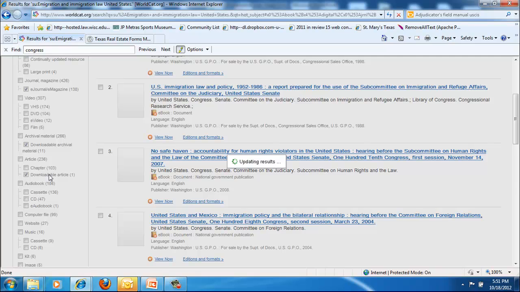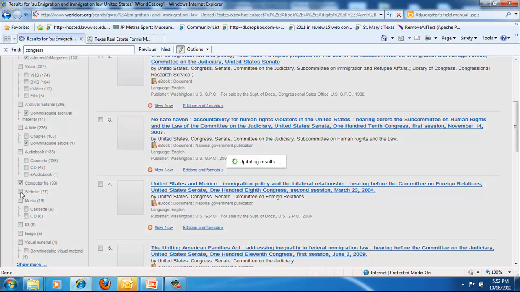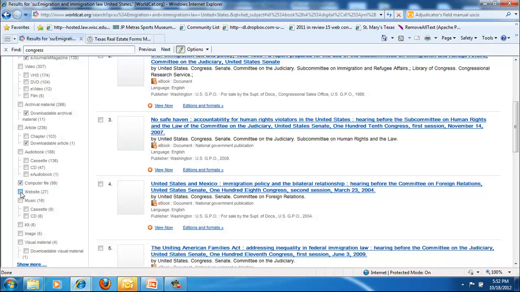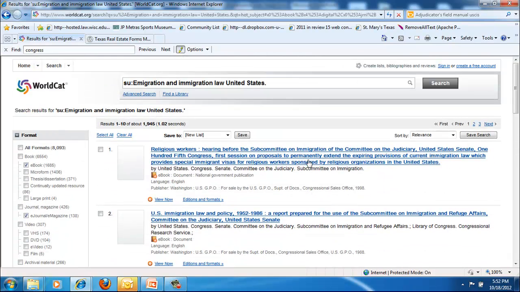I have ebook, e-journal, downloadable archival material, downloadable article, computer file, and website. And then 1998, that's a little dated. I can sort by newest first.